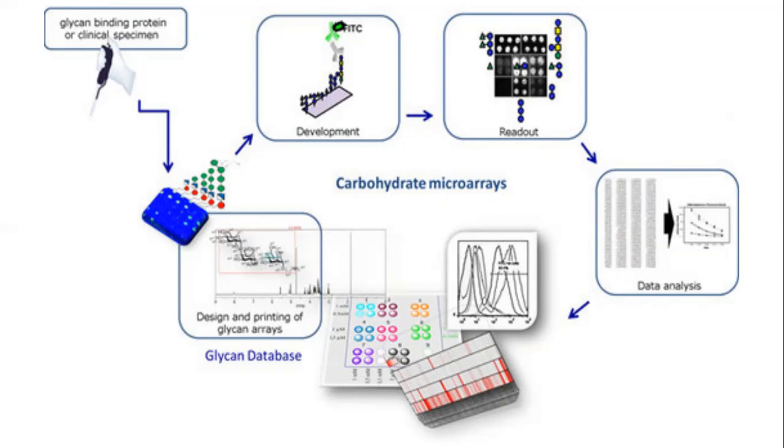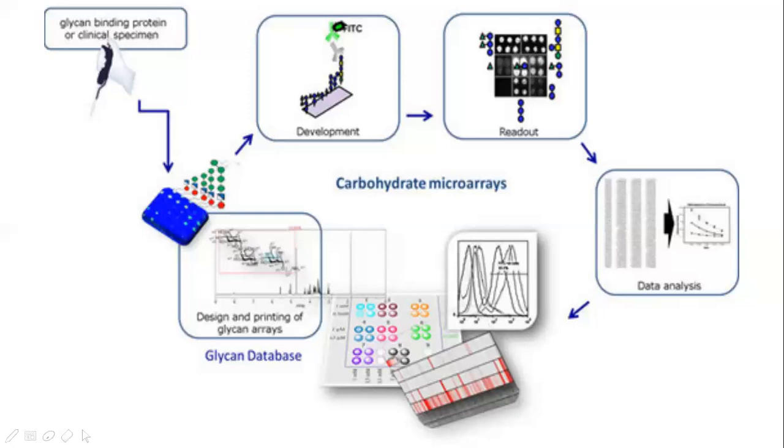So then we can tag it using some fluorophore, where FITC has been used, and obviously multiple probes can be used. It will give you the spots, and by analyzing the data, you can confirm that this is the glycan moiety that has specificity for this particular type of protein.